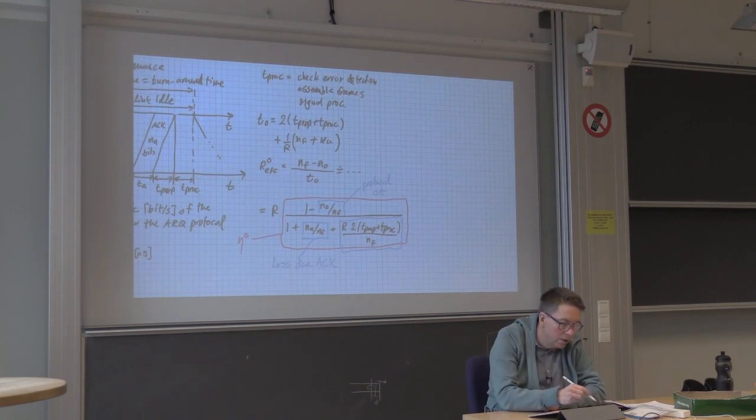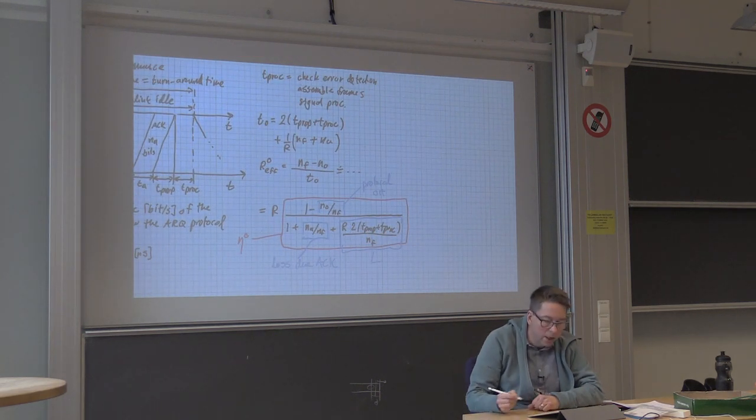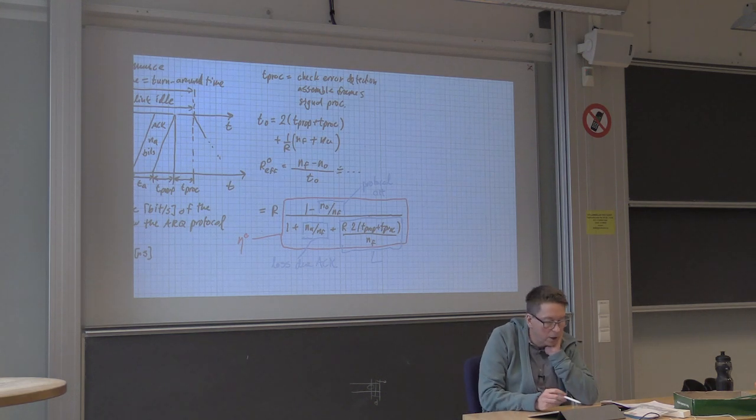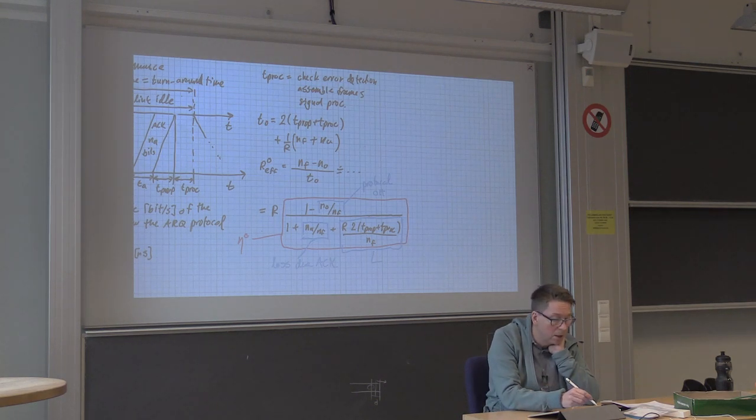But it turns out that this type of ratio here, or actually product, we have here in the denominator, product between rate and some delay. So this is sometimes called the delay bandwidth product. So delay is here, and R here is data rate, and sometimes it's called bandwidth in computer science, right? So it's a delay bandwidth product, which is then normalized with the frame length. So these things pop up, as we will see regularly here.